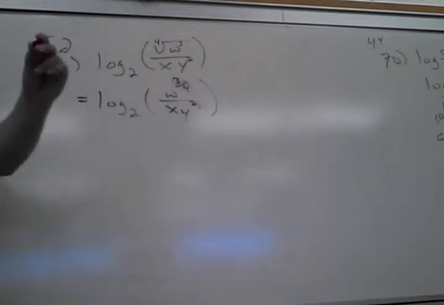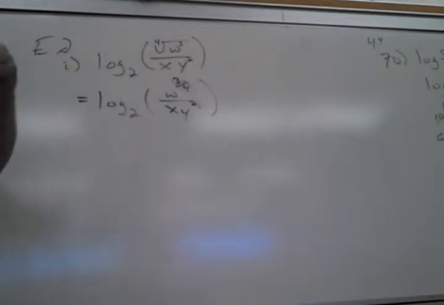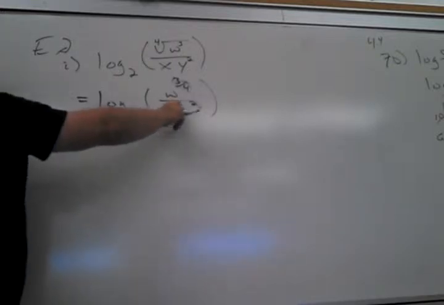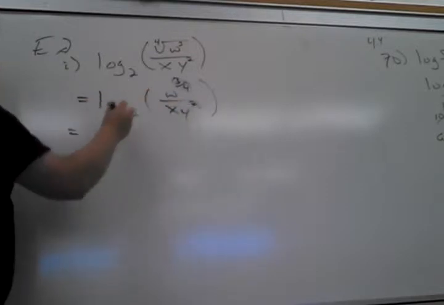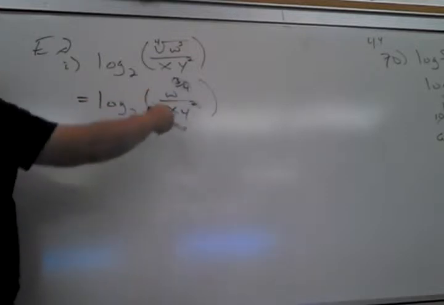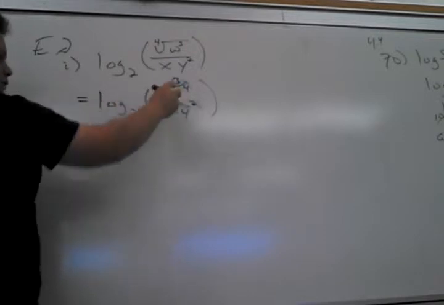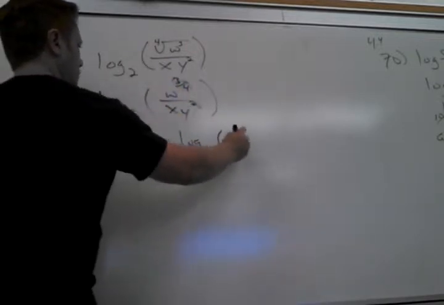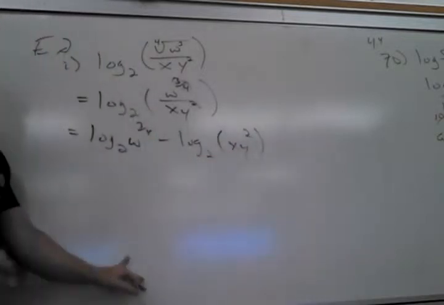So at the end, both of those terms should be negative. That's where people mess up. So the division bar is a good separator. So I can write this as log base 2 of this minus log base 2 of that.